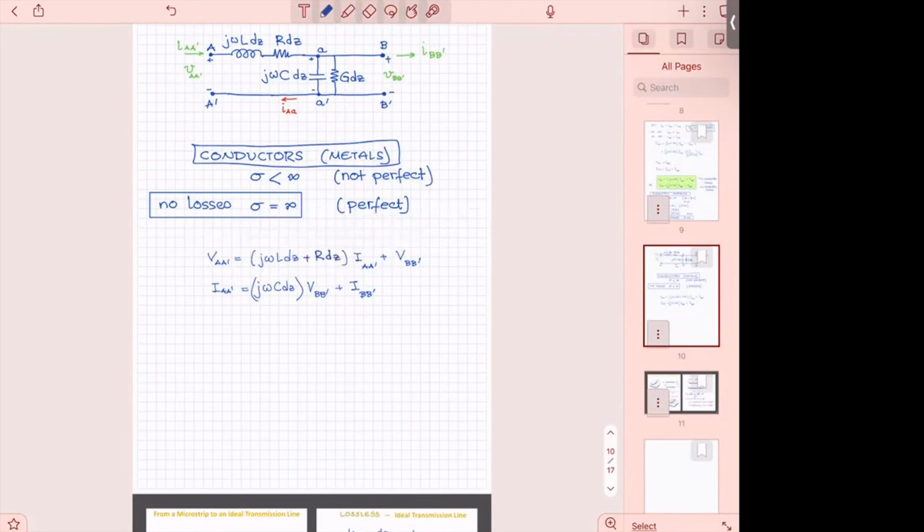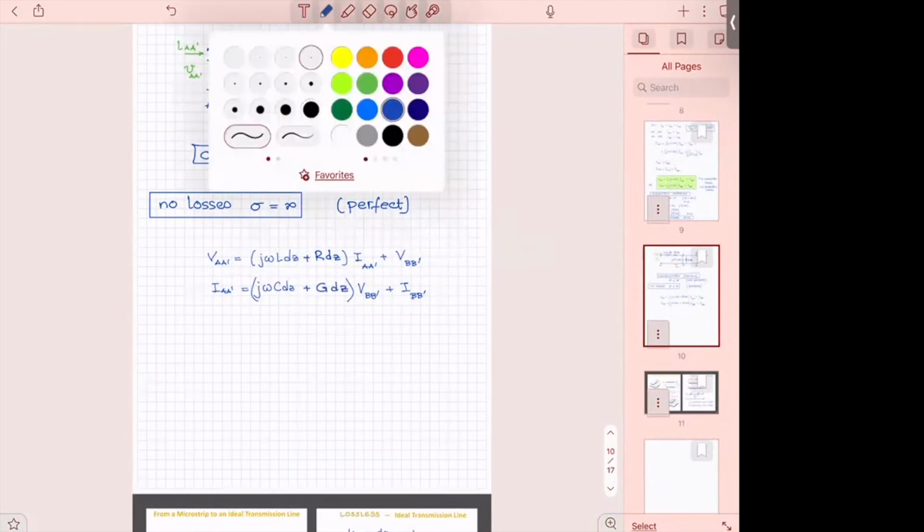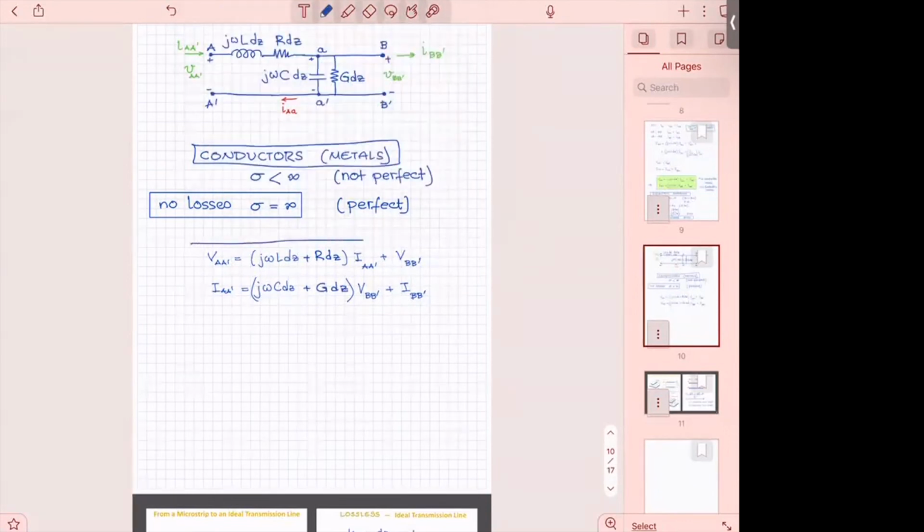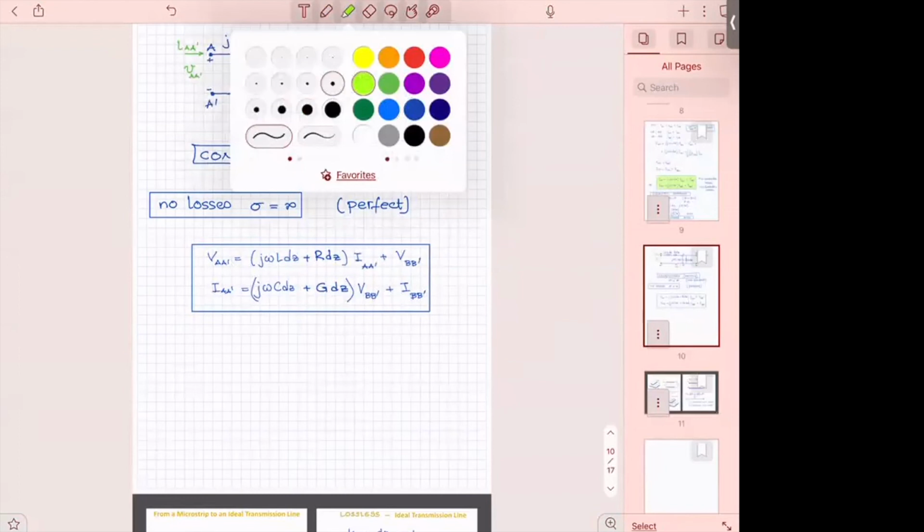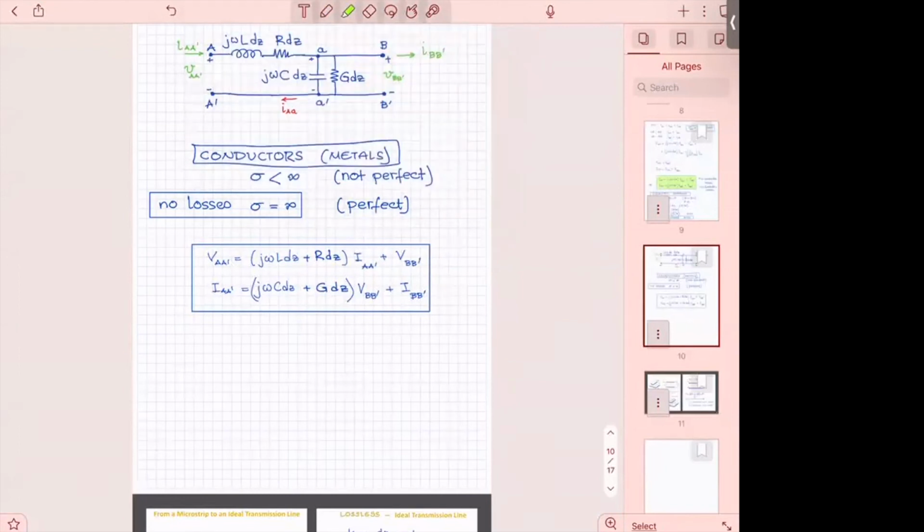And we'll add the conductance here. Plus G dz. And these are then the new expressions for the transmission line of a length dz.